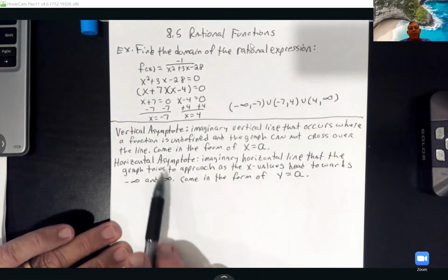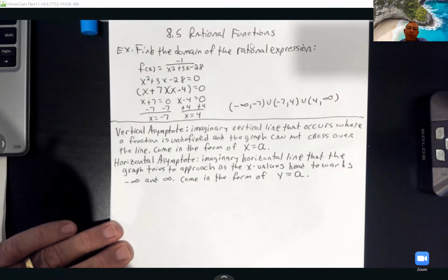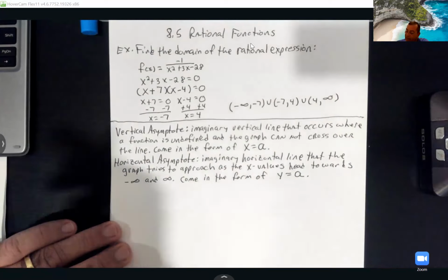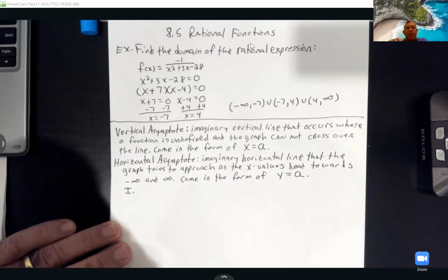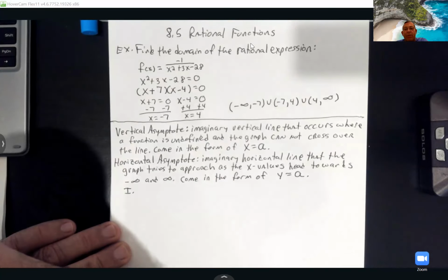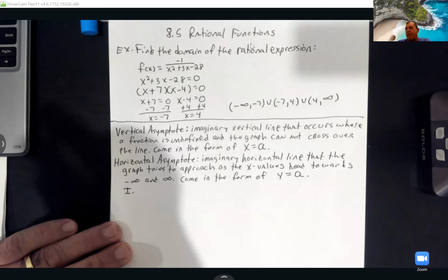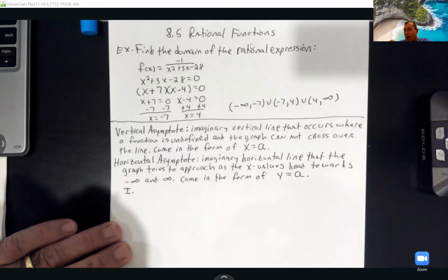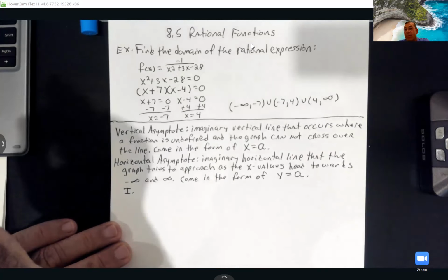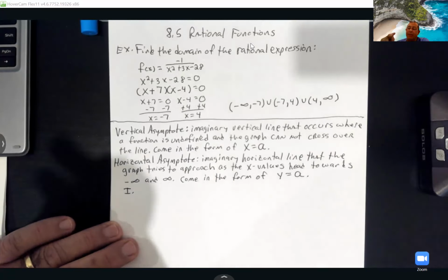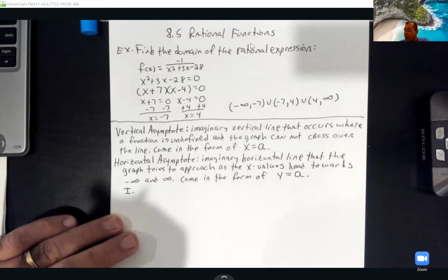Now, for the horizontal asymptotes, there's 3 ways that we determine what they're going to be. What we do is compare the degree of the numerator with the degree of the denominator. So remember, the degree is the highest exponent, okay? So comparing the degree of the numerator versus the denominator.